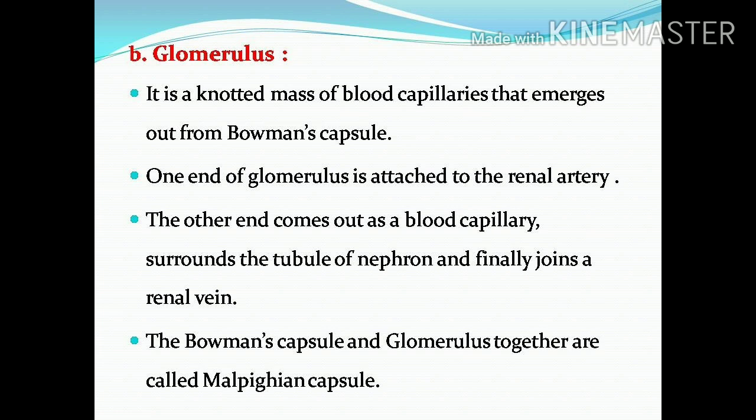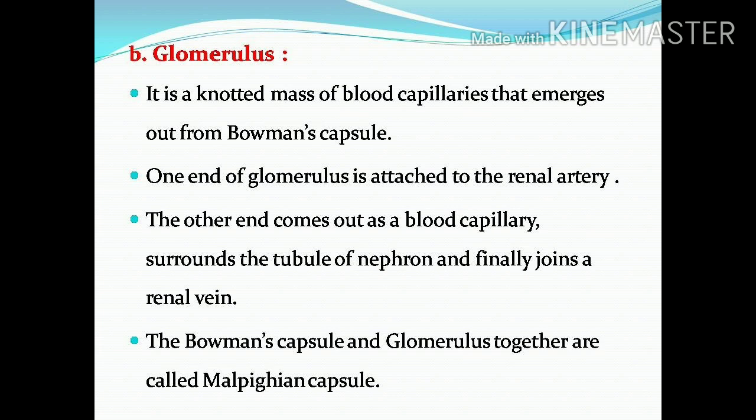Next part, glomerulus. It is a knotted mass of blood capillaries. It is present in the cup-shaped Bowman's capsule.